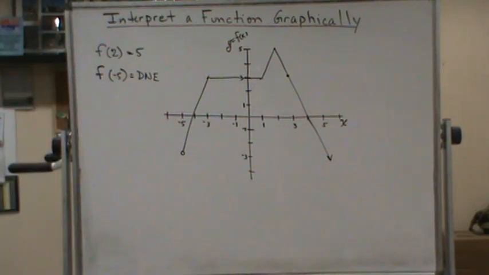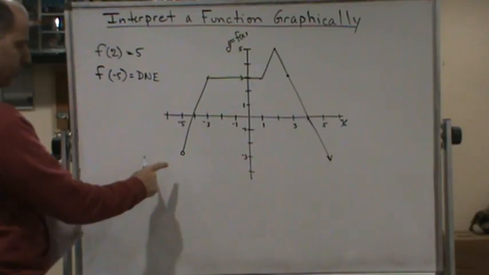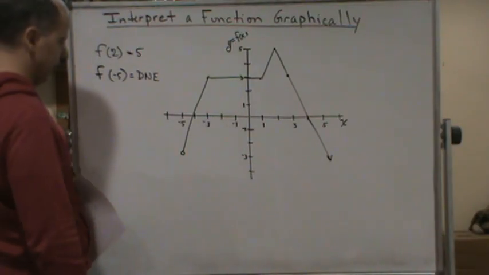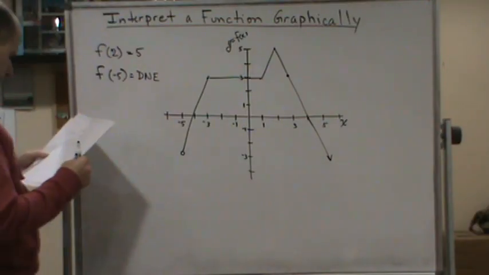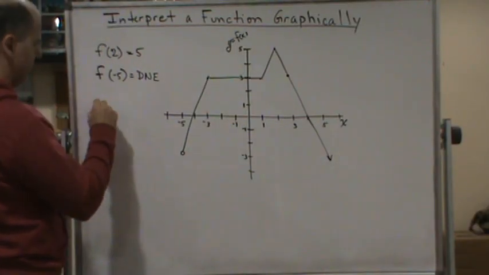So DNE is typically what we write for does not exist, or not defined. That's what this hole in the graph means. It's not defined at x equals negative 5. Okay?